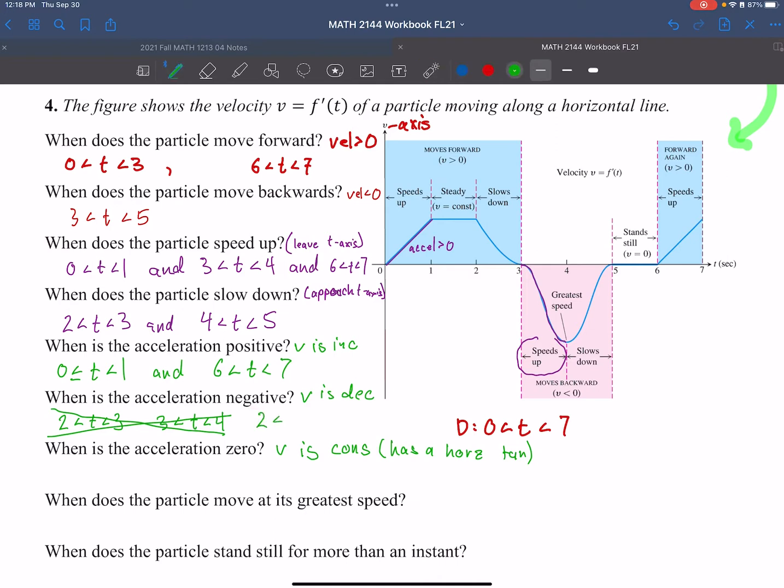So it's 2 is less than t is less than 4. Because think about it in terms of gravity. Gravity didn't stop. The object stopped because it no longer had enough upward velocity to push against the gravity, the acceleration. So when is acceleration 0?